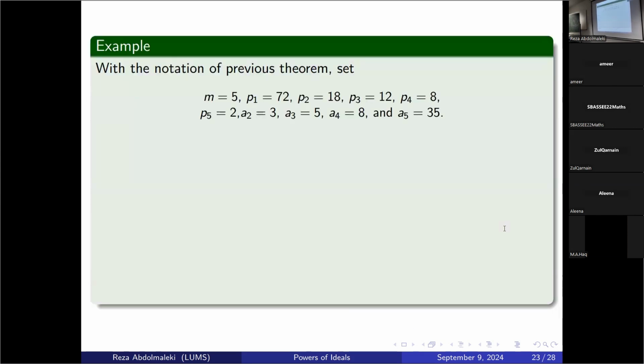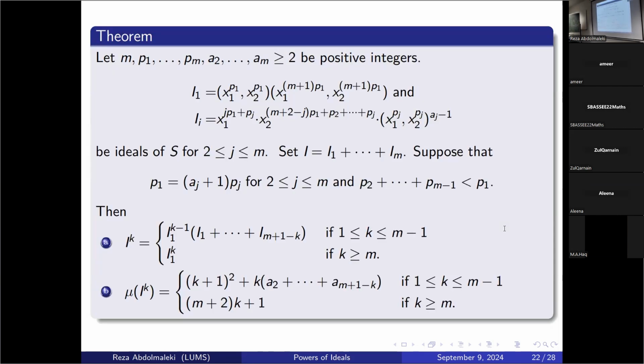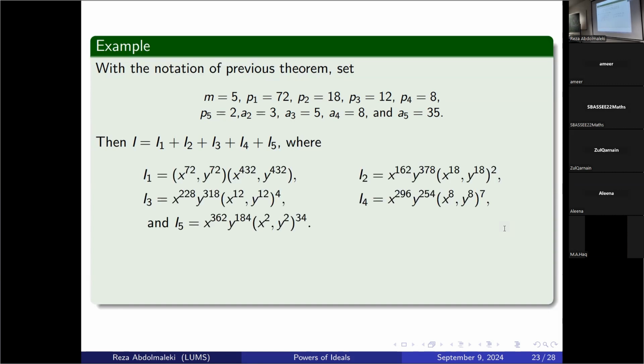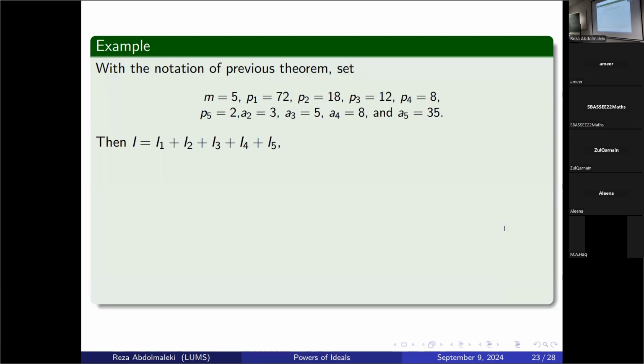As an example, if you consider these numbers, they satisfy these conditions. And because I is this, and for these Ij's it is just what we define here.